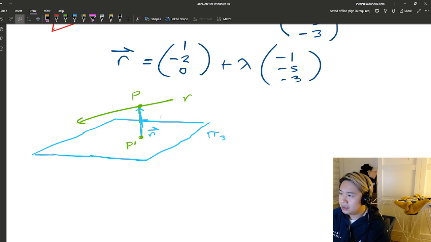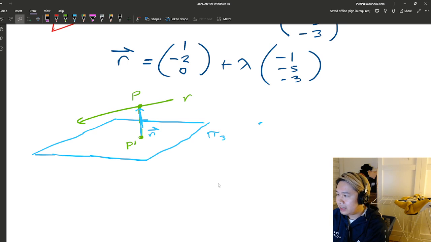Okay, so step 1. I need to find P prime, because when I have the coordinates of the 2 points, I can calculate the length between them. To do that, I need the vector equation of this line, the distance line.